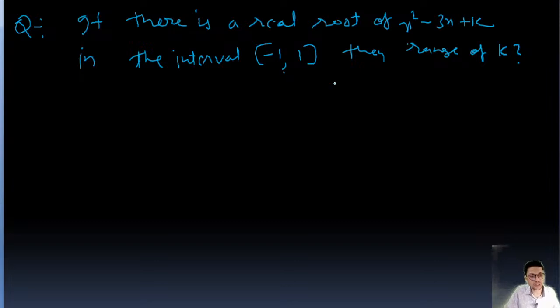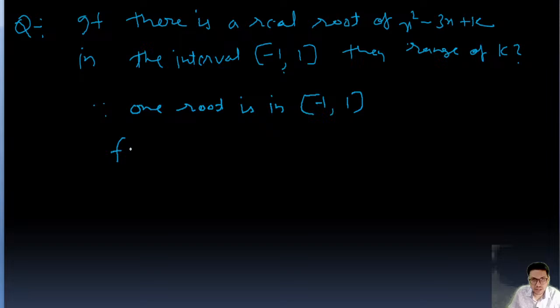I'll solve the question, then it is going to clear your doubt. So one root is in this interval. Since one root is in the interval minus 1 and 1, this means f(minus 1) and f(1) should be of opposite sign.